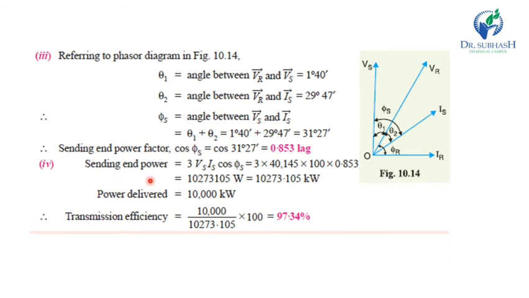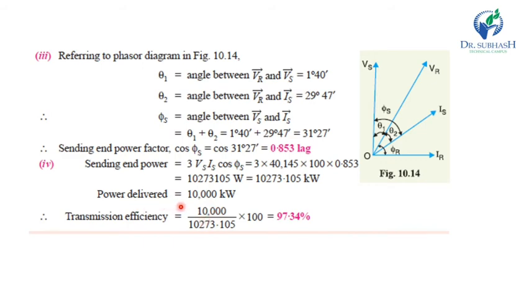Now the sending end power is equal to 3 into Vs Is cos phi s. First of all we have to find the transmission efficiency, and the transmission efficiency is equal to delivered power upon sending end power. So sending end power and receiving end power, both values we have to find.